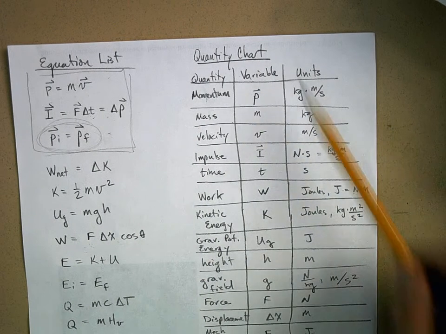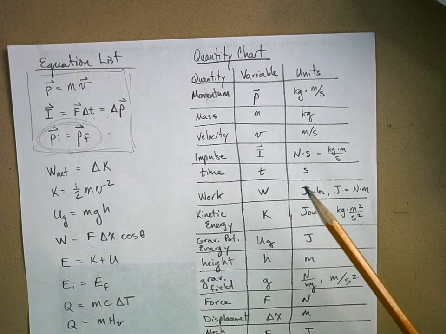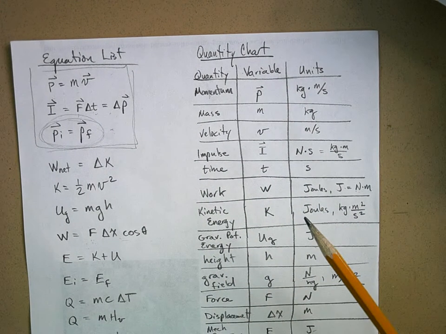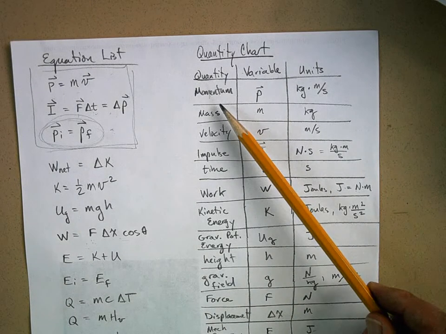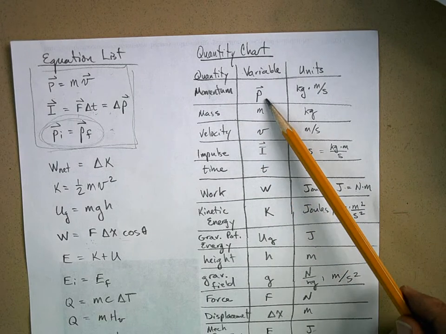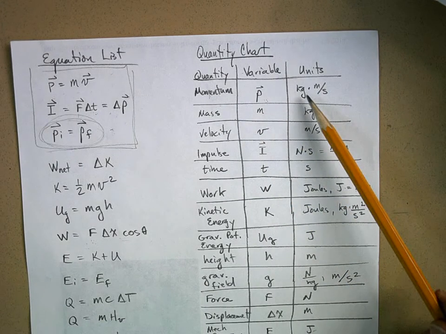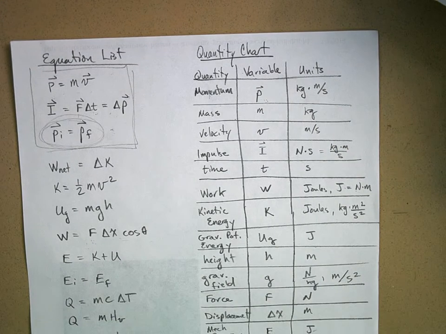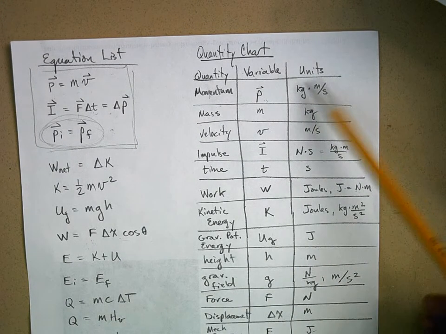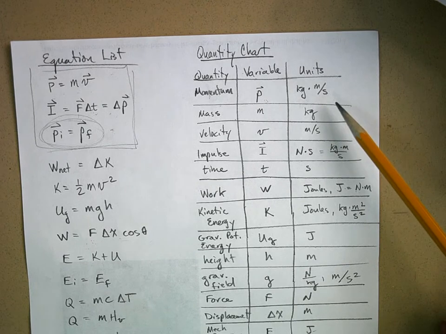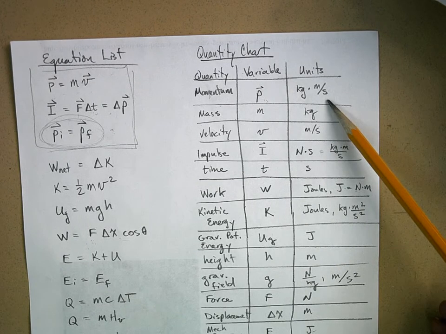Now what I have over here is a quantity chart, and I've made these for you before, but I don't think I've put them all together for a whole semester like this. So here's the quantity momentum, the variable lowercase p with a vector hat on it, and it has units of kilograms meters per second. Not sure why they don't have a special name for this collection of fundamental units. They don't. You just say kilogram meters per second.